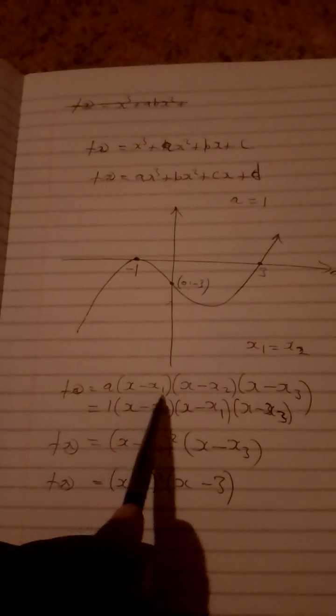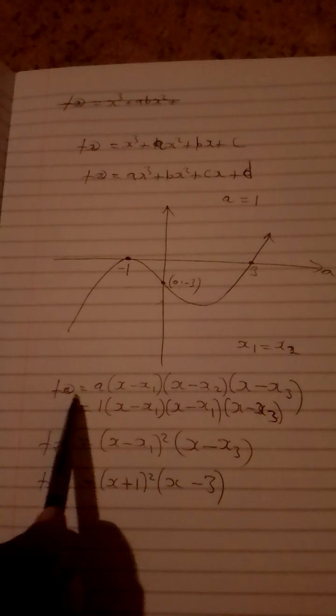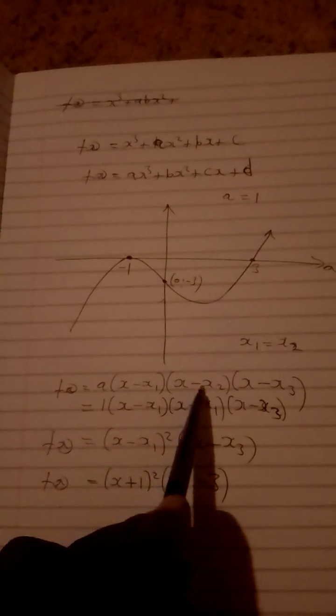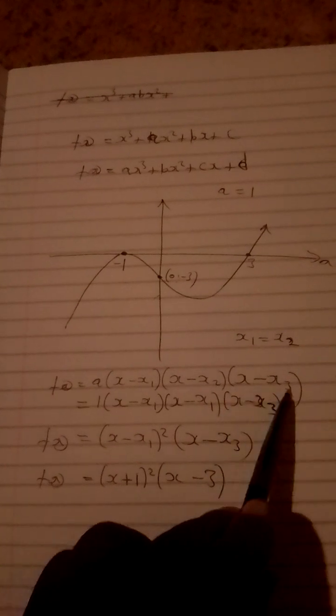So we take a here as equal to 1. Then if a is equal to 1, you write this formula, because we are looking at the graph, and from the graph they give us the y-intercept, they give us the x-intercept, but we don't have this value here. So the formula that you write for another cubic graph is this one: a times (x minus x1), (x minus x2), (x minus x3).